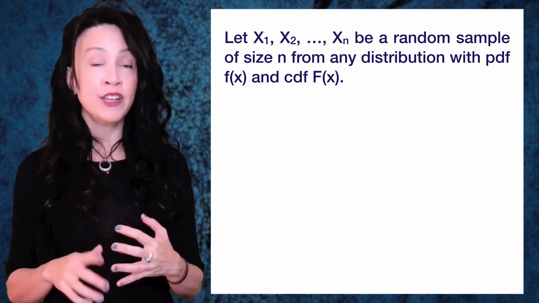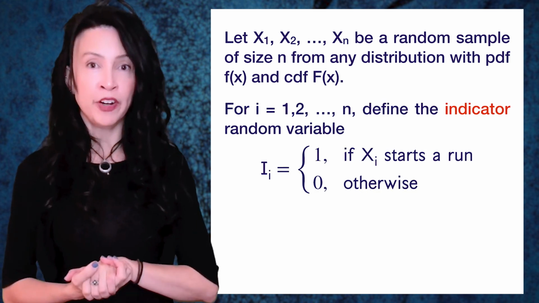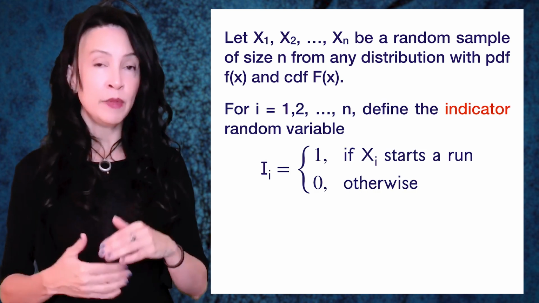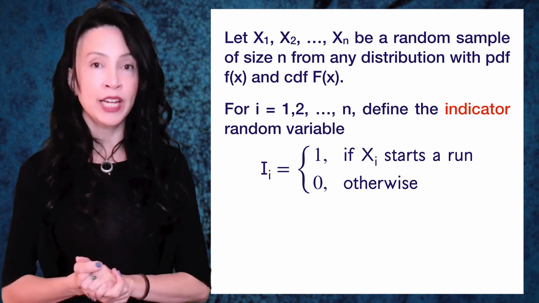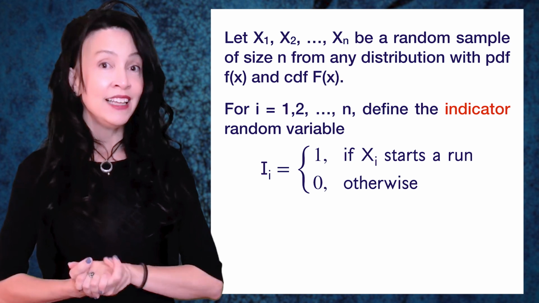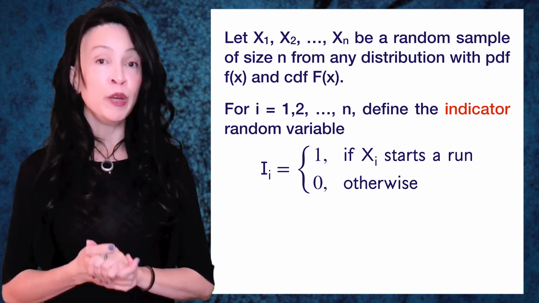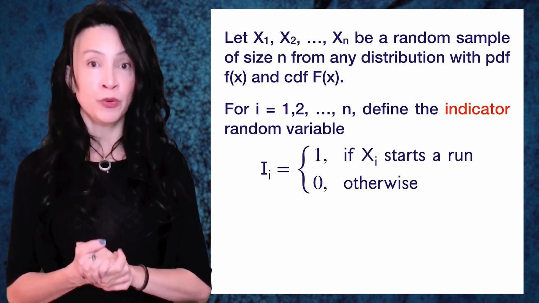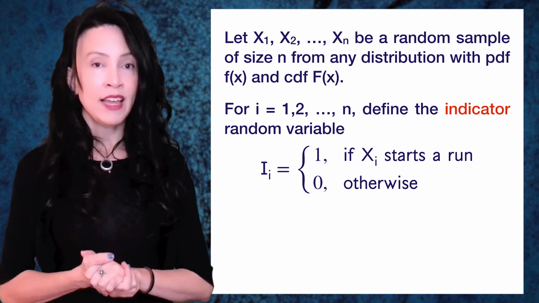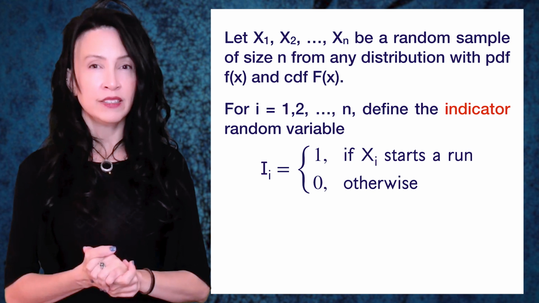For i going from 1 to n, I'm going to define an indicator random variable. I'm going to call this I sub i, using a capital I for indicator, but there are many other commonly used notations. You can use whatever you like. And I'm going to define this random variable to be 1 if xi from this sequence starts a run, up or down, and I'm going to let it be 0 otherwise.